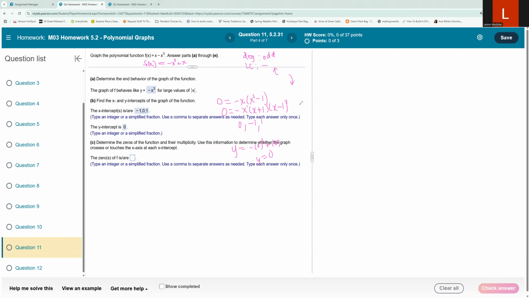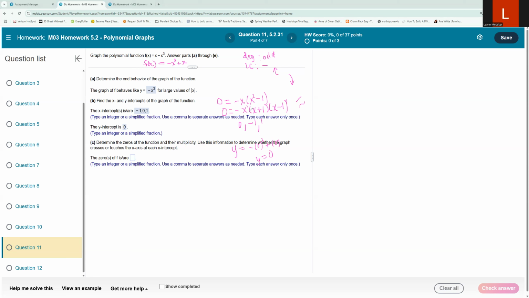If it's a 1, you cross almost like a straight line. If it's any other odd power, like 3 or 5, you cross a little bit like x cubed, kind of squiggly, okay? That would be odds that are 3 or bigger. If it's just an odd with a 1 power, you cross like a straight line.